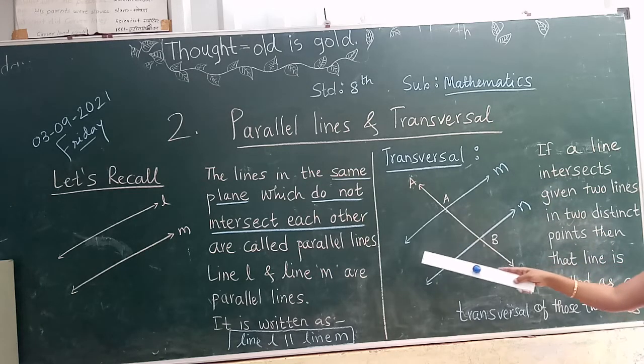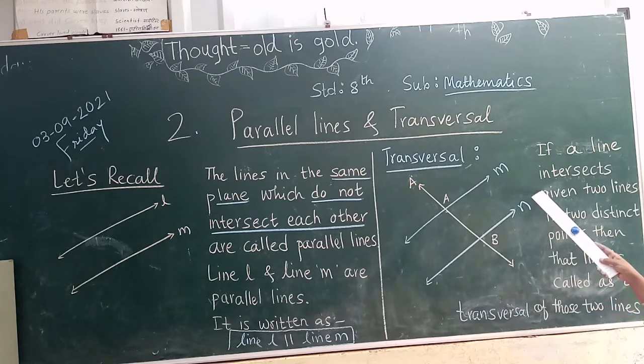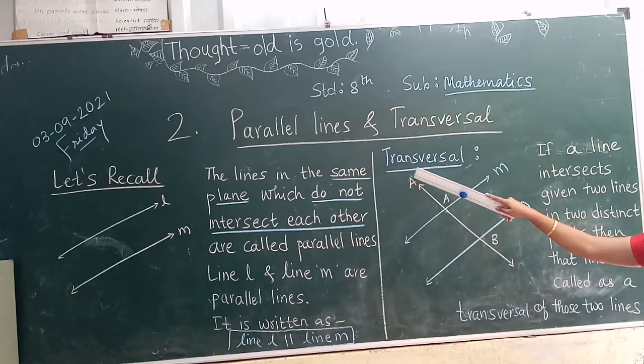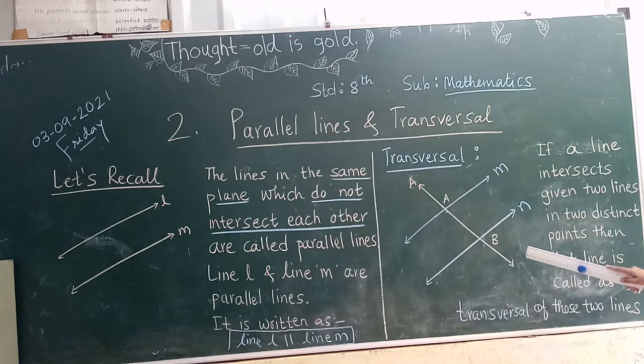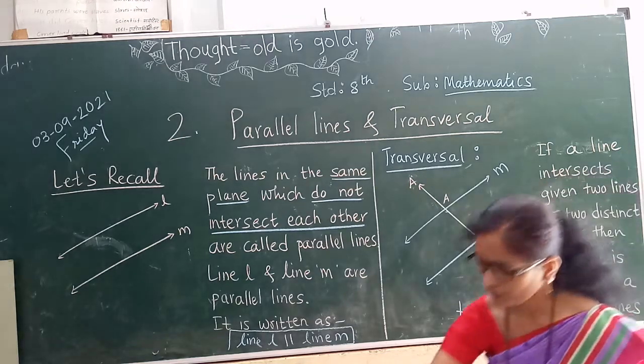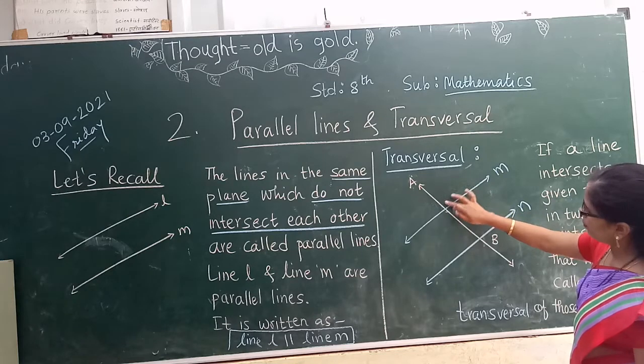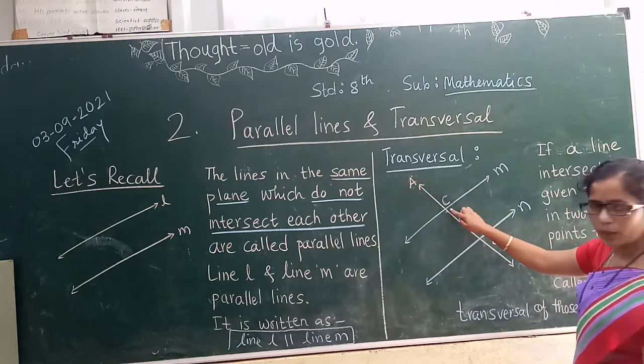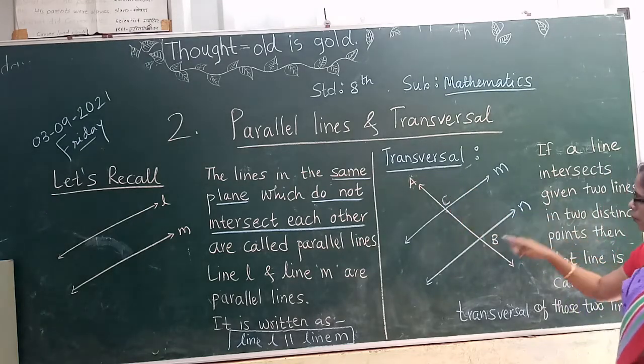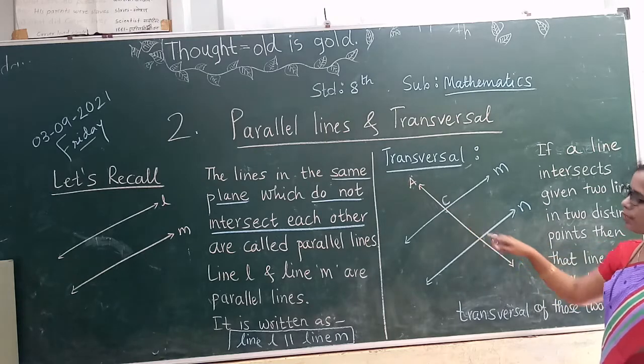Means they are never going to intersect each other. And here is a line A. This line A intersects line M at point C and line N at point B. These are two distinct points.